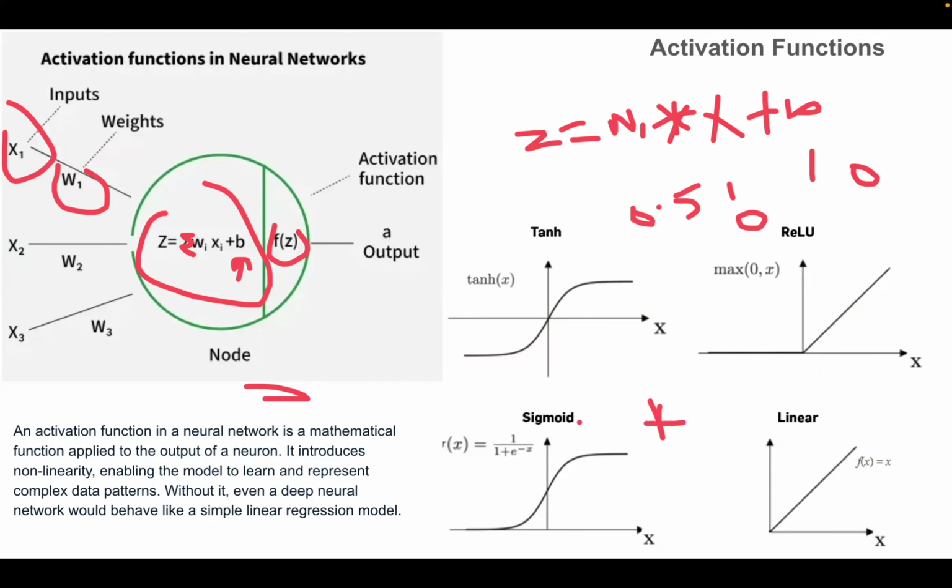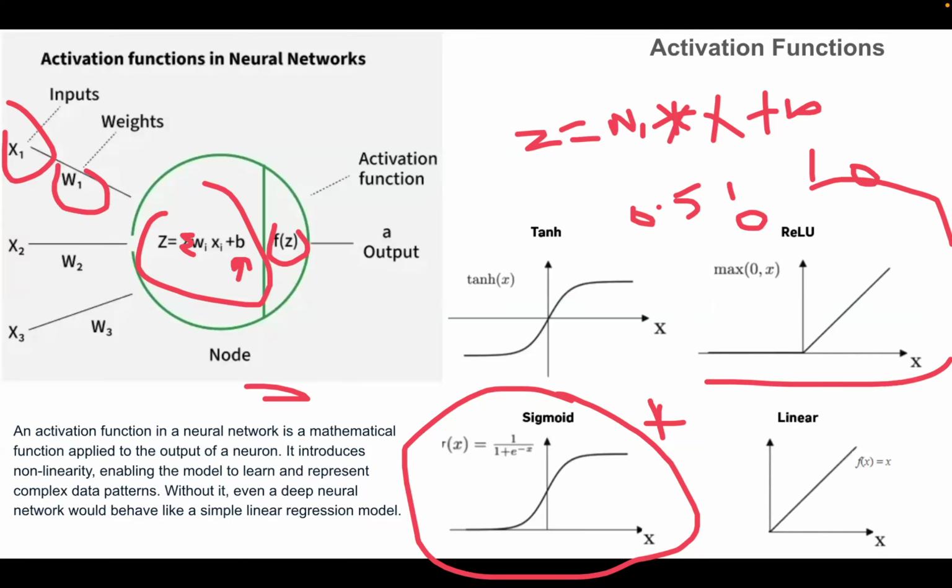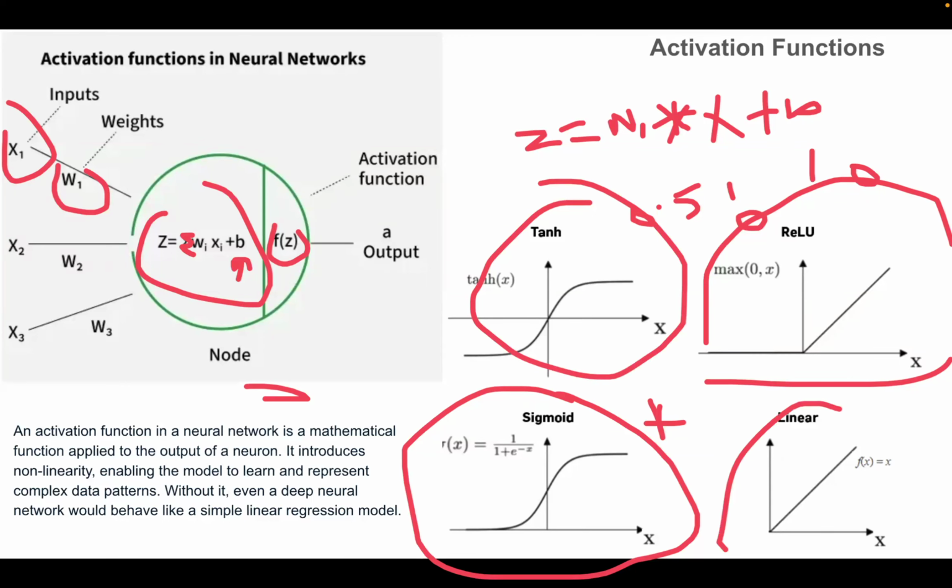But in your ML journey, the one you would mostly see is sigmoid, which is mostly used for binary classification, like cat versus dog. And then you would always see ReLU activation functions, and then you would see this tanh activation function.